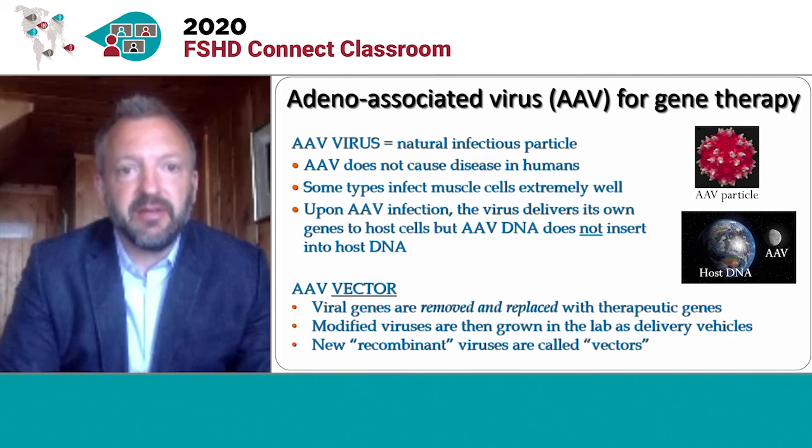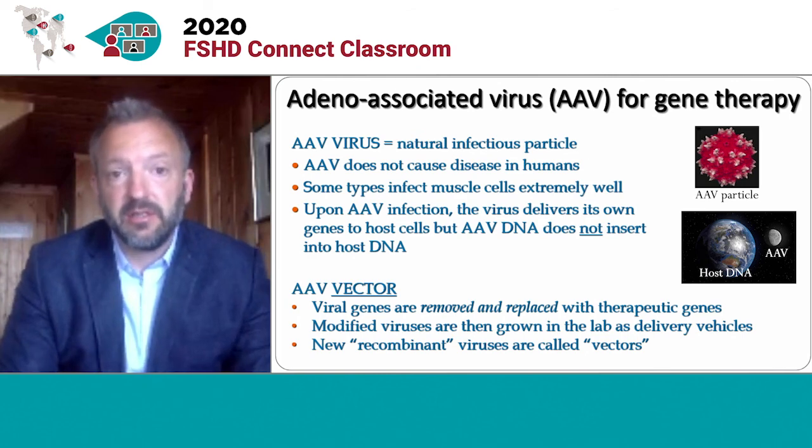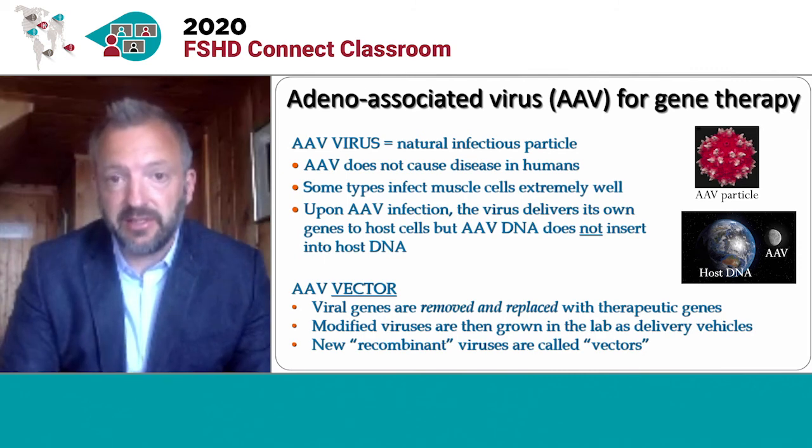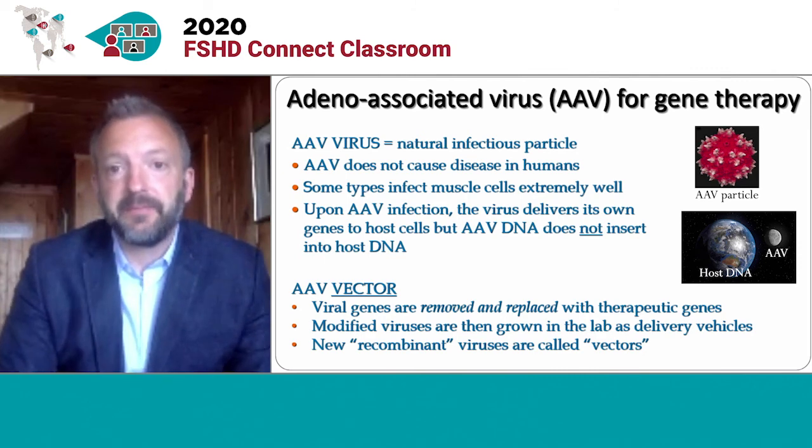So upon AAV infection, these viruses deliver their own genes to host cells. But those genes do not insert into the host cell DNA. So if a natural AAV virus infects you, it'll inject its DNA into your cells, but its DNA exists outside.